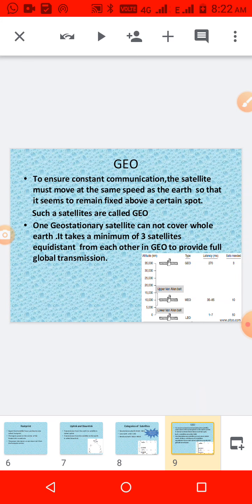What do you mean by GEO? The geostationary satellites, as I already told, are at a height of 35,000 km from the earth. But by using one satellite, we can't cover the earth. So it takes a minimum of 3 satellites kept at equal distance from each other in GEO.